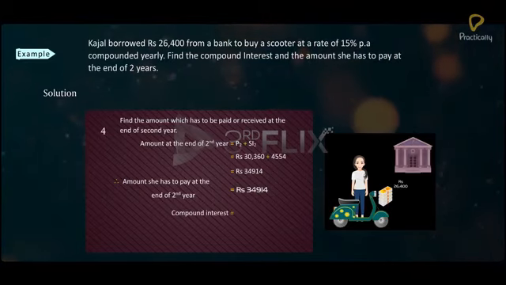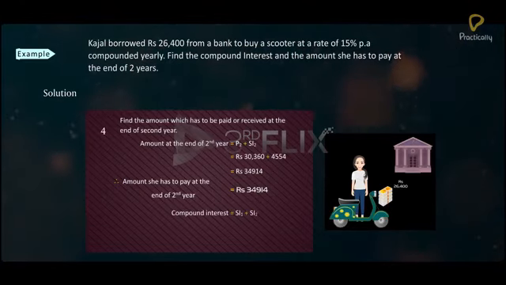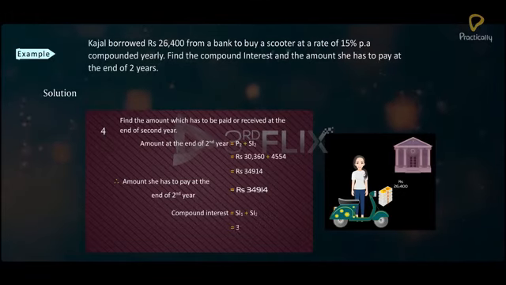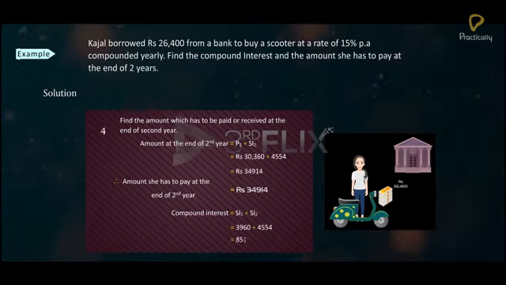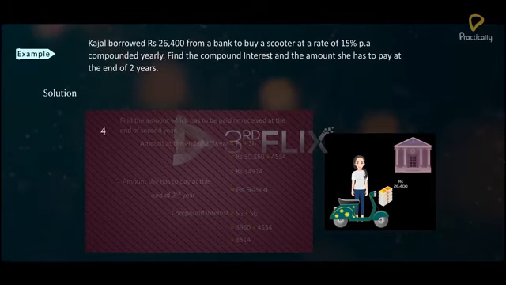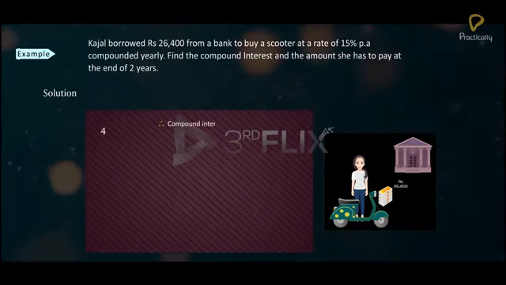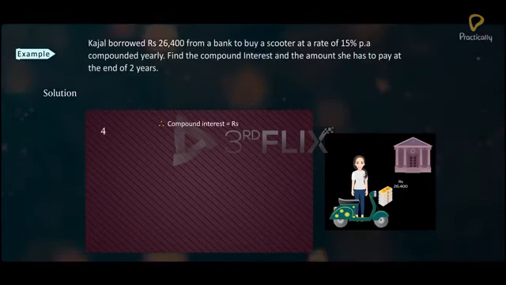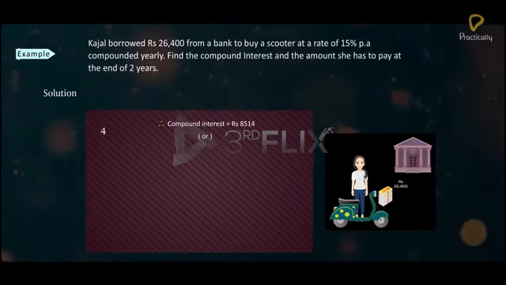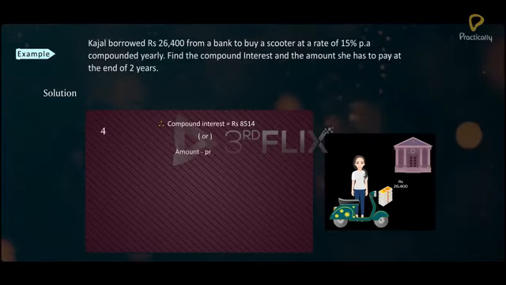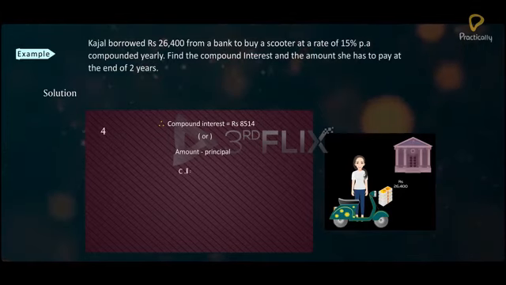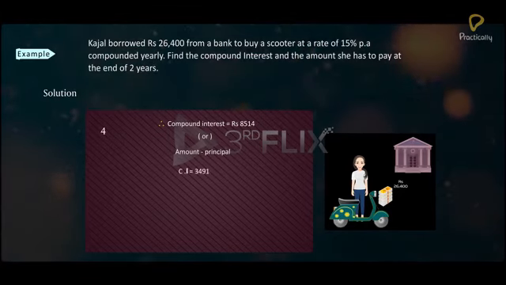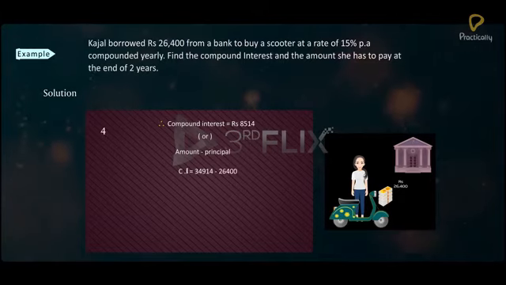Compound interest is equal to SI1 plus SI2. It is equal to 3,960 plus 4,554, which is 8,514. Therefore, the compound interest is equal to Rs 8,514, or amount minus principal, which is equal to 34,914 minus 26,400.